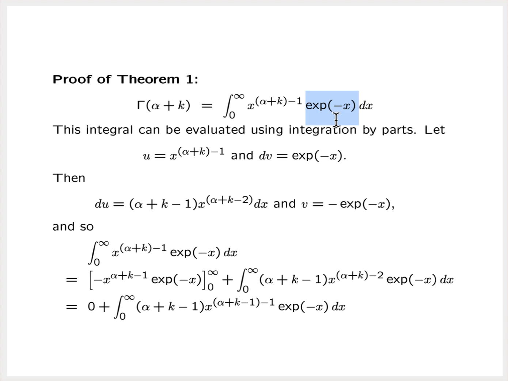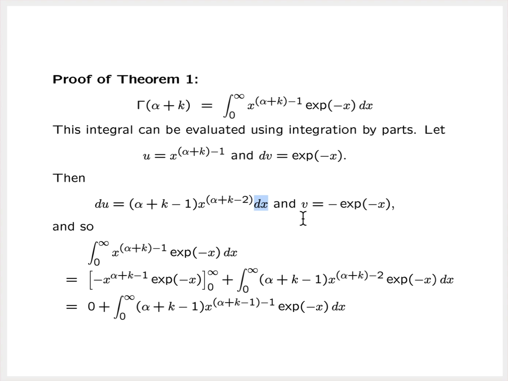Actually, what I need to do is let dv be equal to this whole thing here, the exponential function evaluated at negative x dx. You'll want to make that change in your notes. And so with those definitions, the differential of u will be alpha plus k minus 1 times x raised to the alpha plus k minus 2 dx, the differential of x.